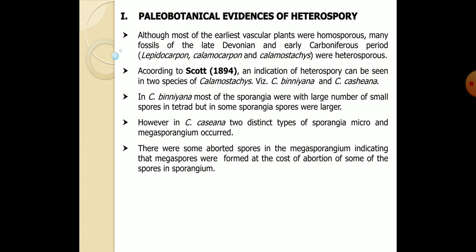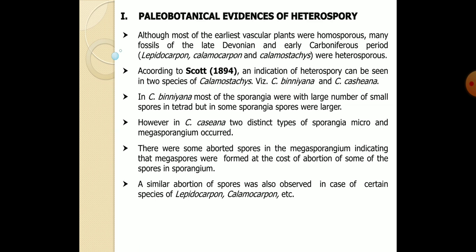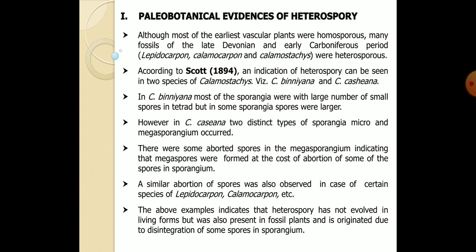He explained two species, Calamostachys binneyana and Calamostachys casheana. He explained that the spore size is reduced and a large number of spores is produced, because some developmental stages of these spores have nutritional deficiency.